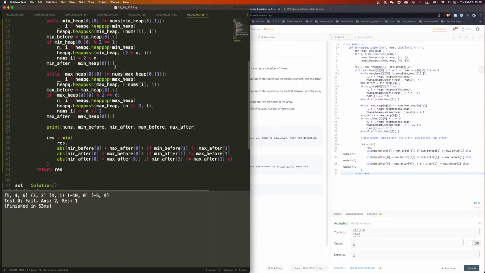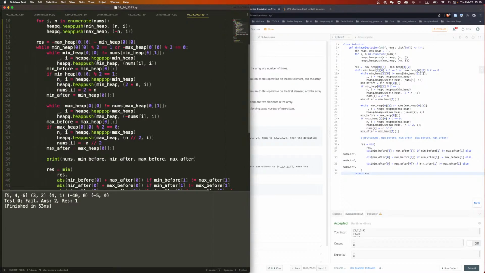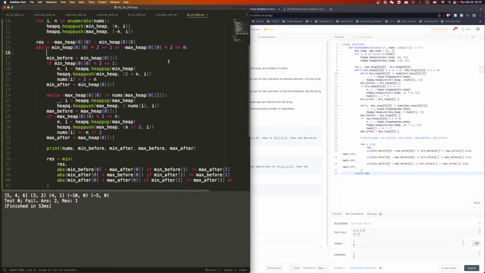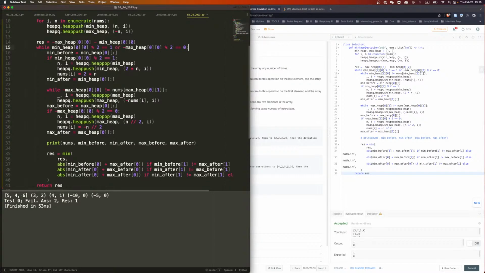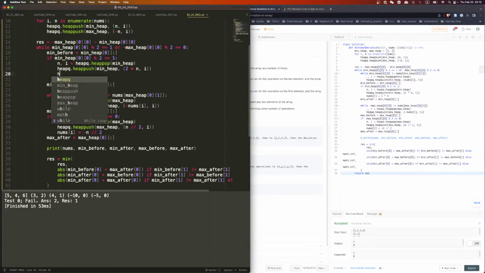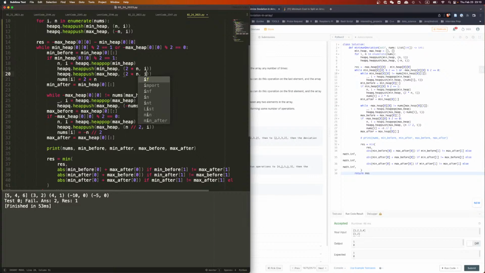So what we can do is do this later. We get a min before, we get a min after, right? And then we will push to max heap as well. Right, we'll push to max heap as well.